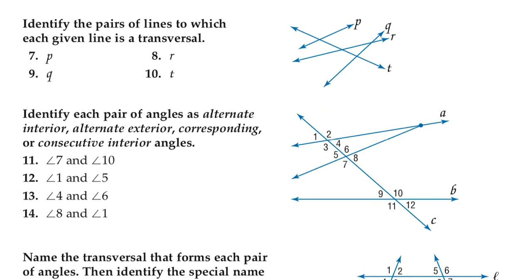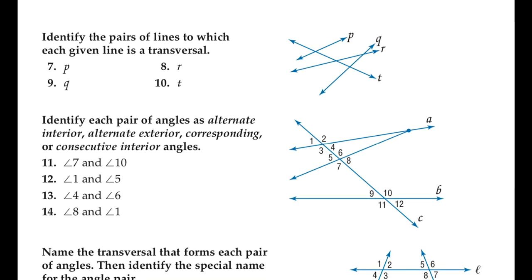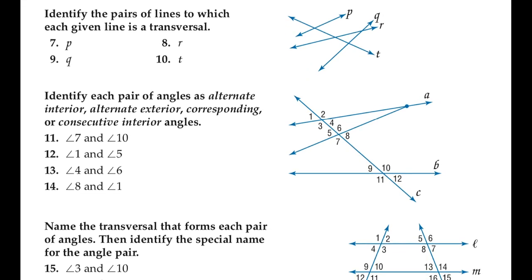Okay. Identify the pair of lines to which each given line is a transversal. Ooh, that's good. Okay. So P is a transversal of, so let's see. So now this is a weird one. Start with P. Okay. So I would say shown in the diagram, none.